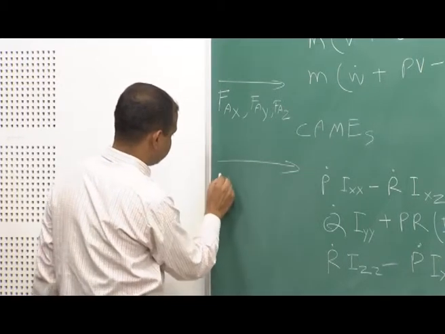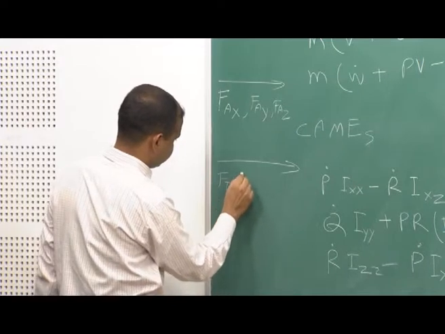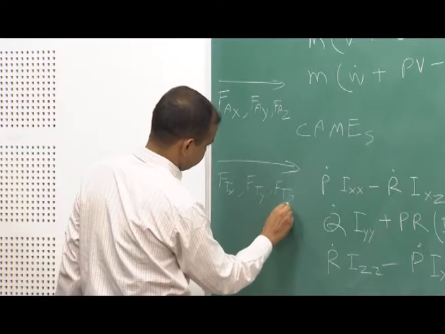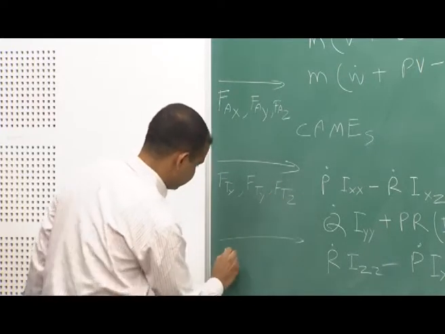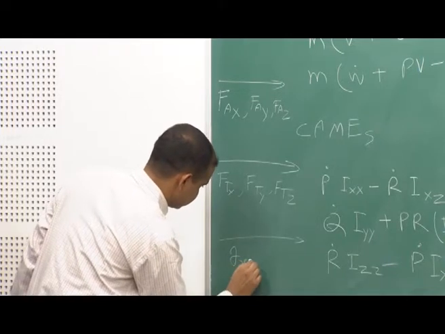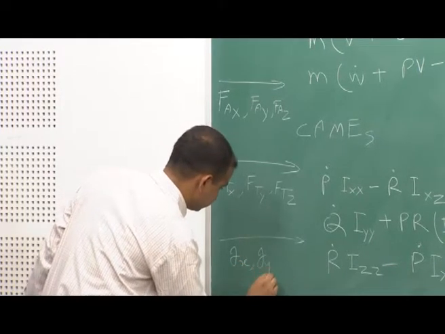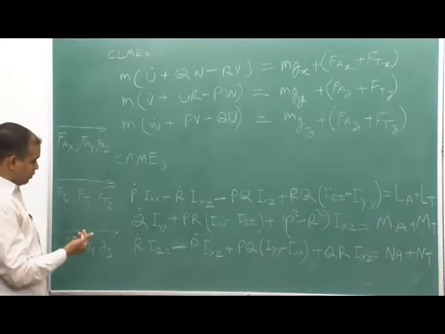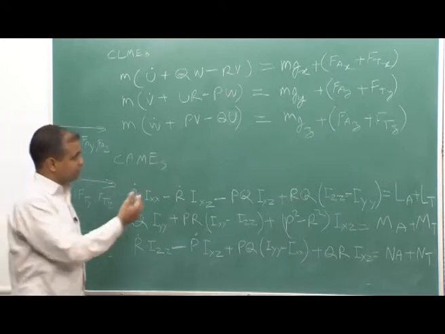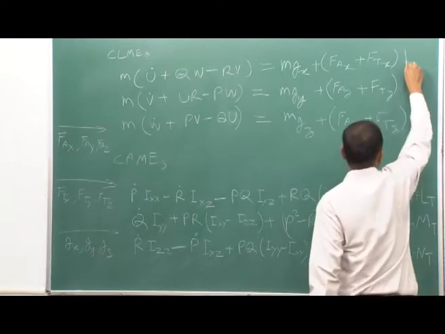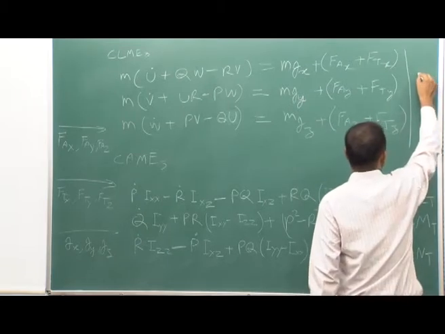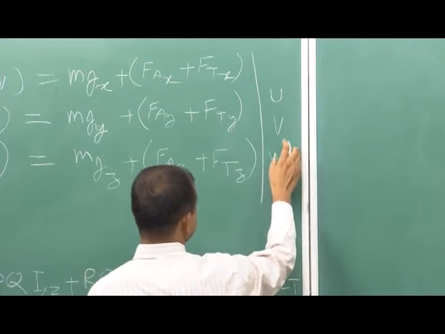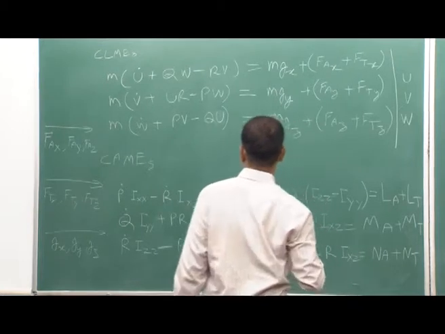We know the thrust forces, and we know all the gravity components, and we have the initial condition of the aircraft. Then using this set of equations we can find the three velocity components u, v, and w.